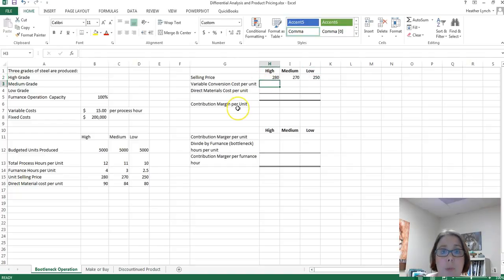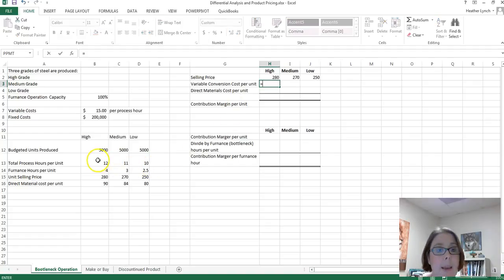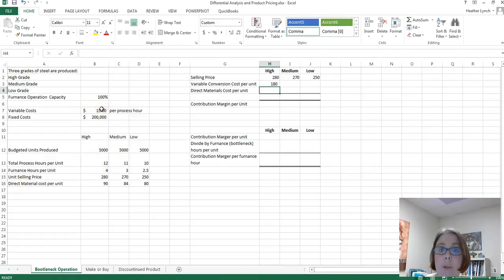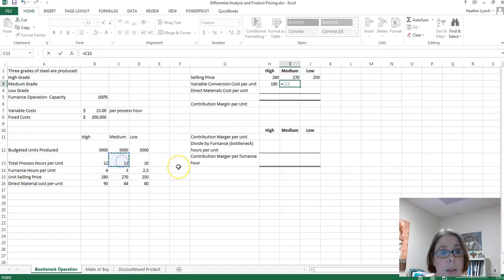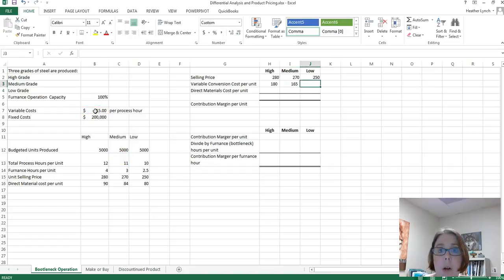Now to get the variable conversion cost per unit, we're going to take the 12 hours times the $15 per process hour for high. For medium, 11 hours of processing times our $15 per process hour.